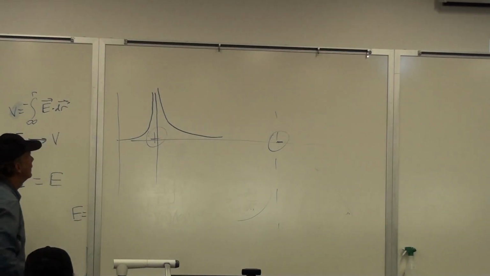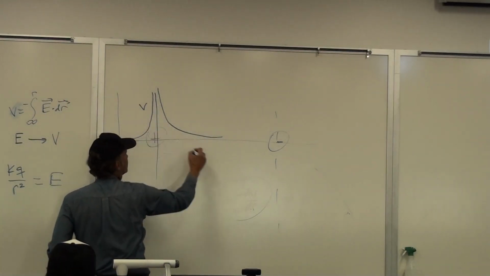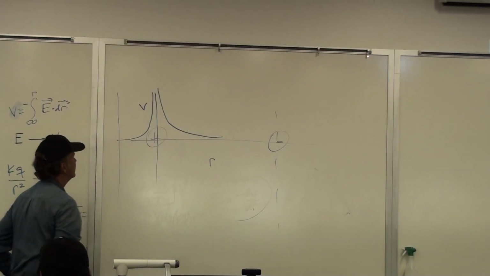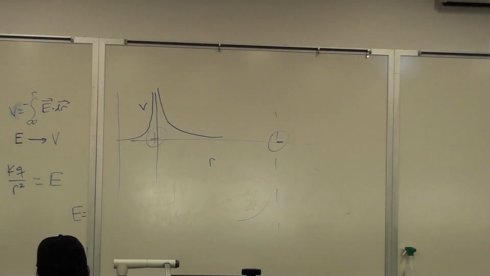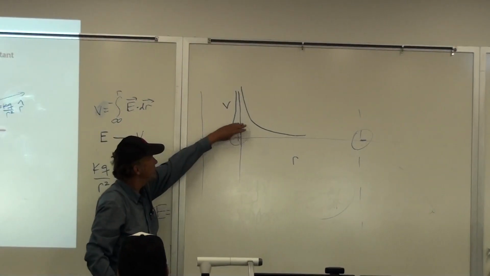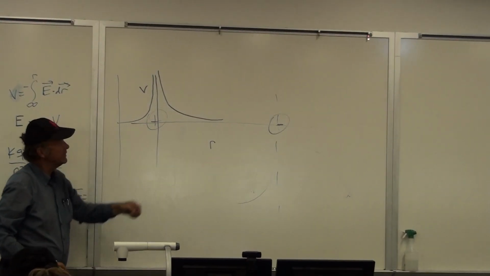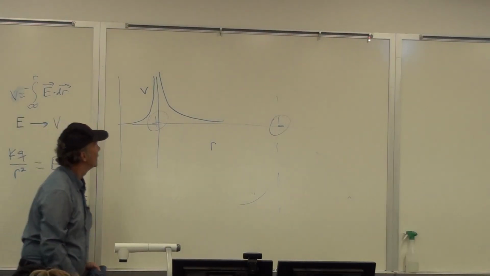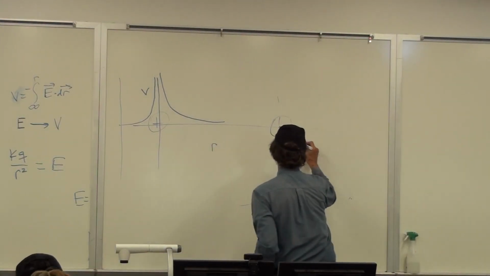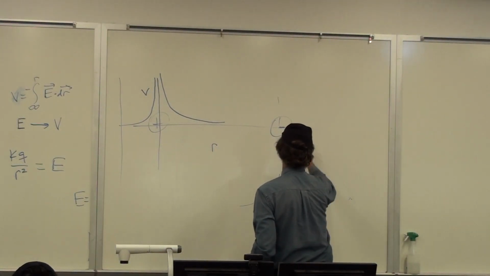So this is V versus R. That's for the positive charge. And then it would also come out this way. It would come out from behind too, but we're just looking at a cross section over here. And so then for the negative charge, it's going to look like this.